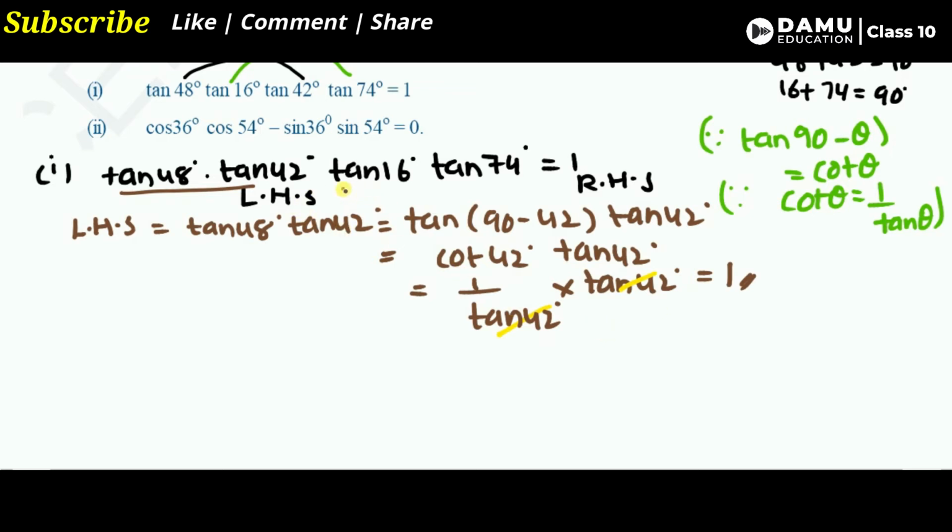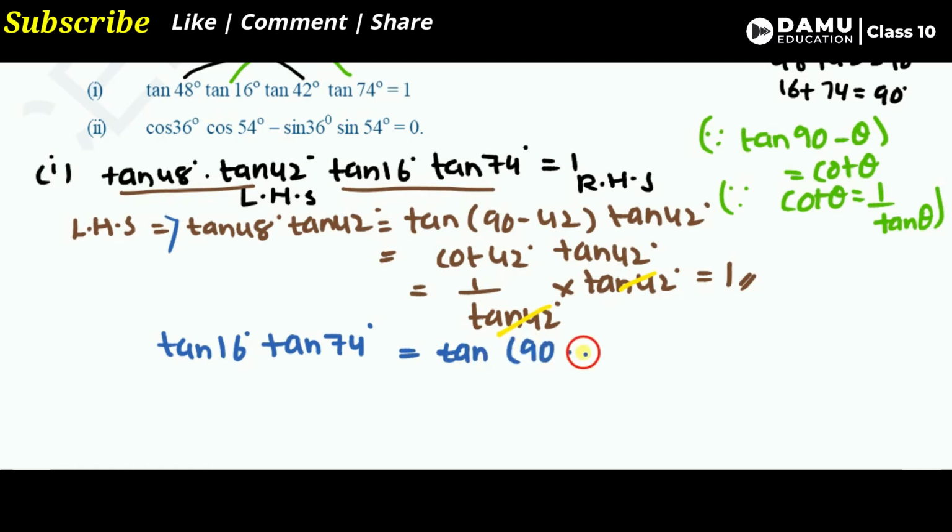Let's take another combination, the second part: tan 16 degrees, tan 74 degrees. We write the first value as tan 90 minus 74, that is tan 16, then tan 74 degrees.